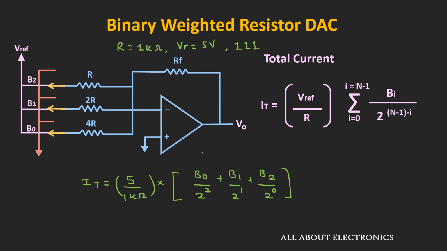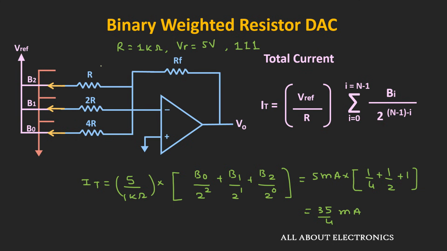And here, as all the bits are 1, we can say that the total current IT will be equal to 5 milliampere times 1 by 4 plus 1 by 2 plus 1. That is equal to 35 by 4 milliampere. So in this way, we can also calculate the maximum current which is flowing through the DAC. Or for the given DAC, with a particular value of maximum current, we can also decide the value of R accordingly.